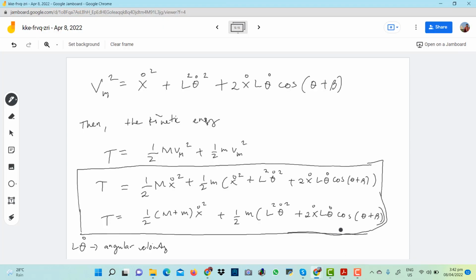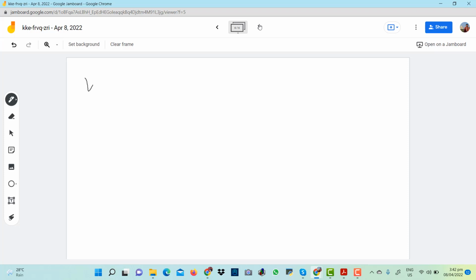Okay, let's proceed. We now have the kinetic energy. The potential energy is very simple, no? The potential energy is the potential energy of the big mass M plus the potential energy of the small mass m. So I have mg times the position of my big mass M, plus mg times the position of my small mass m.